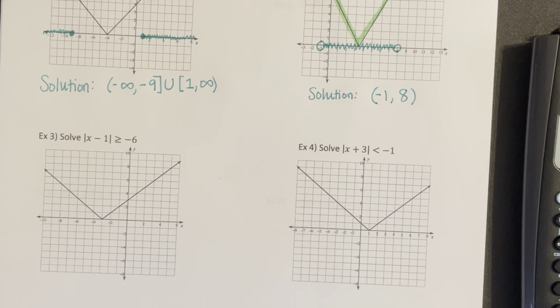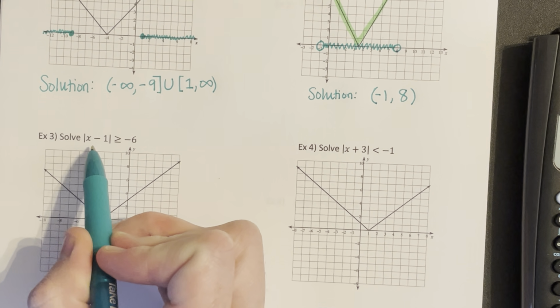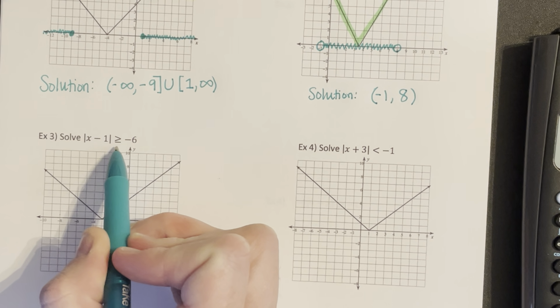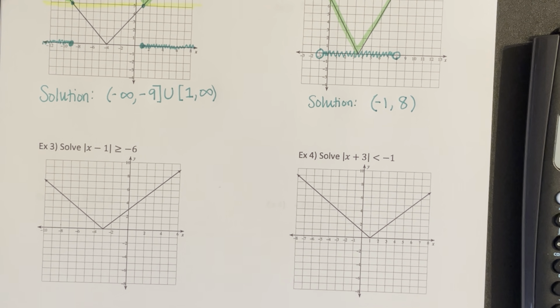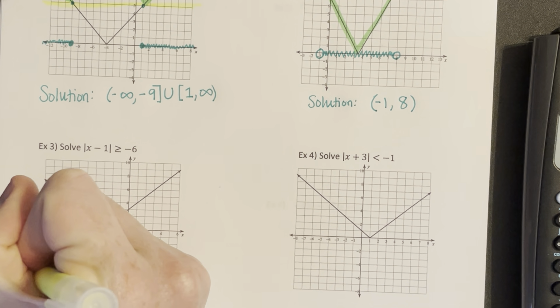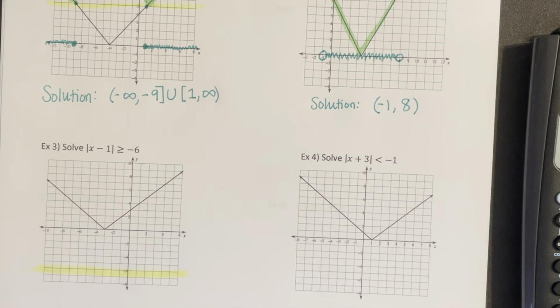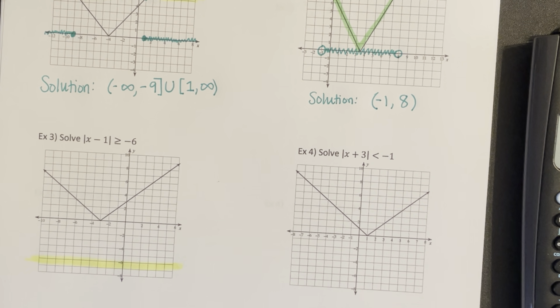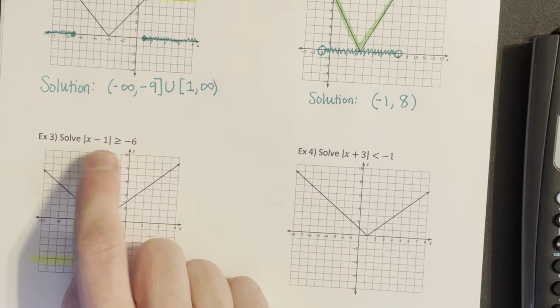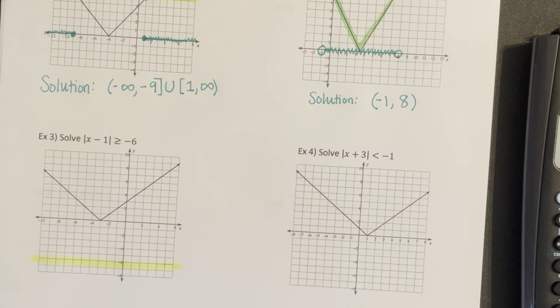The third one, the absolute value of x minus 1 is greater than or equal to negative 6. So I can find negative 6 on the y-axis. And then it's never actually going to equal negative 6. If you remember when we talked about absolute value equations, the output of an absolute value is always going to be positive, so the absolute value cannot equal a negative 6.